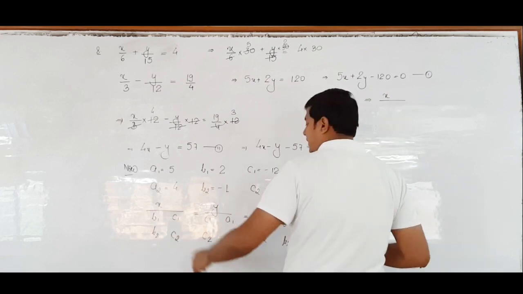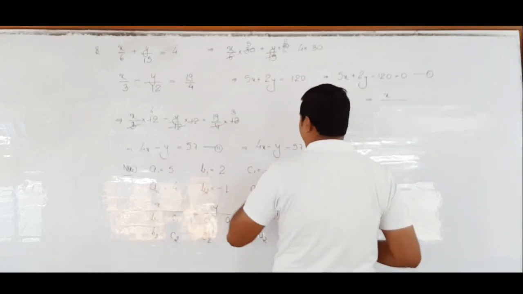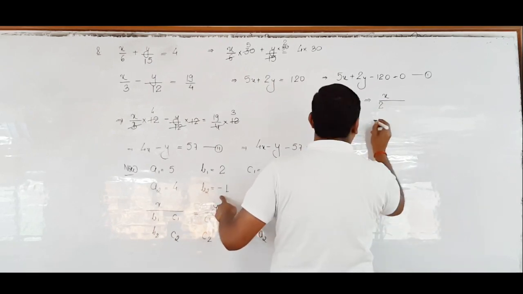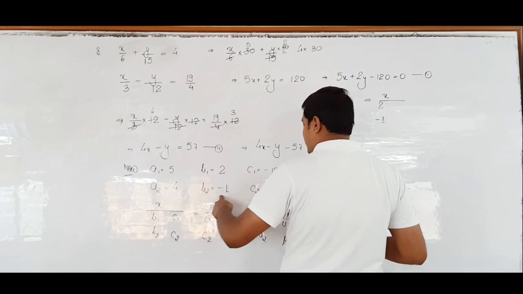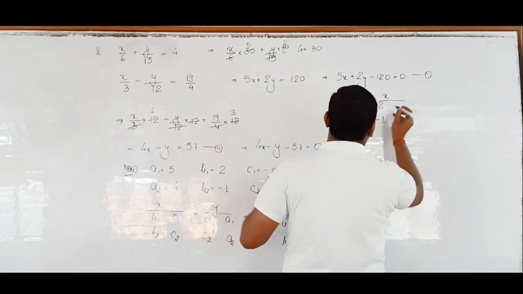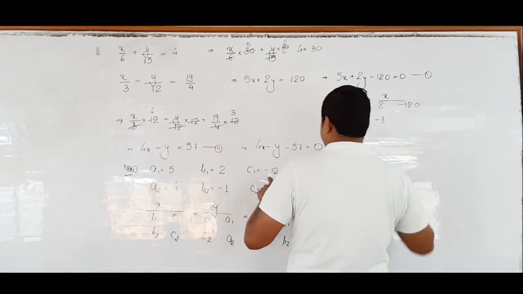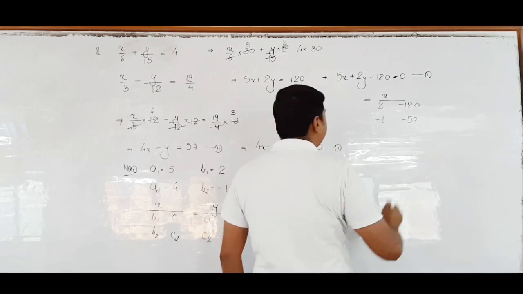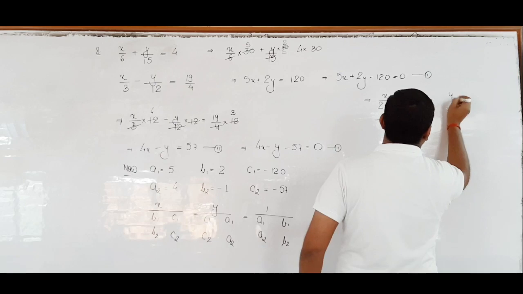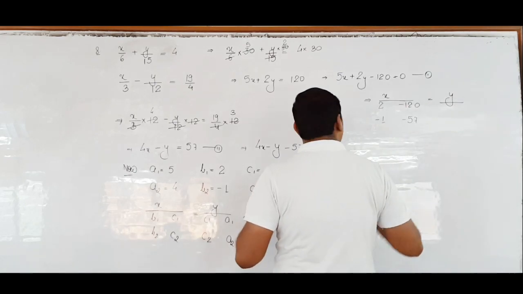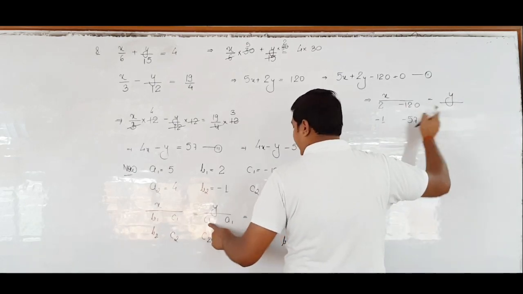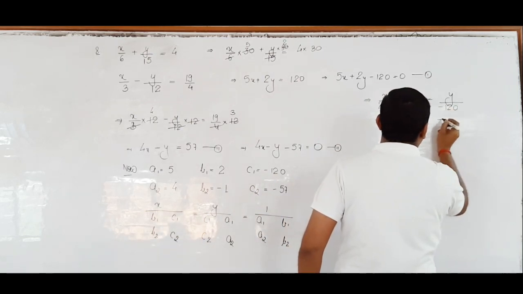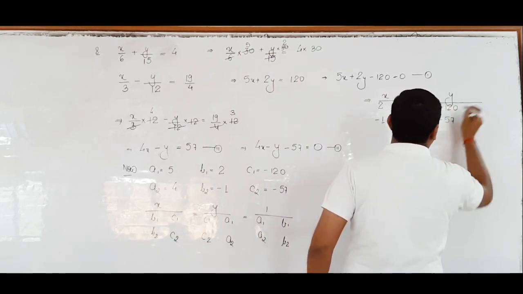Now, x by B1, B2. How much is B1? It's 2. How much is B2? It's minus 1. How much is C1? It's minus 120. And how much is C2? It's minus 57. Y by C1, C2: C1 is minus 120 and C2 is minus 57.